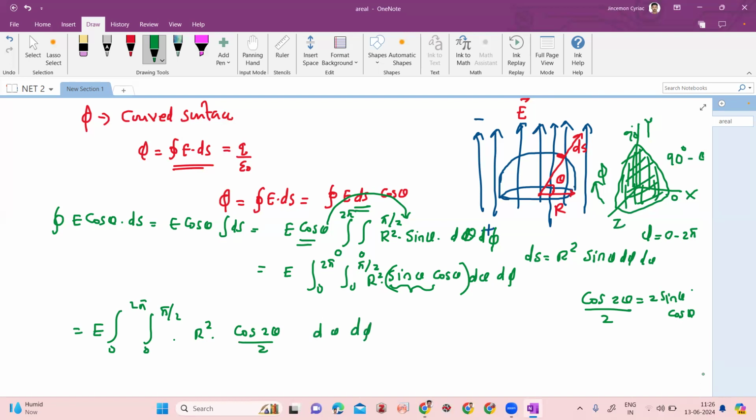Here there is no differentiation with respect to phi, so we can neglect these two things. Only the variable is theta. Then the derivative of cos theta is equal to minus sin theta.